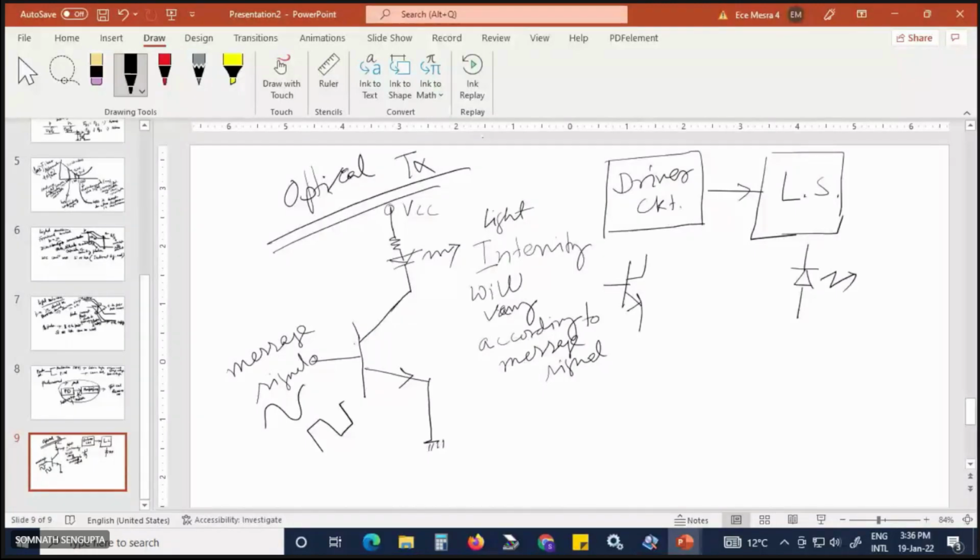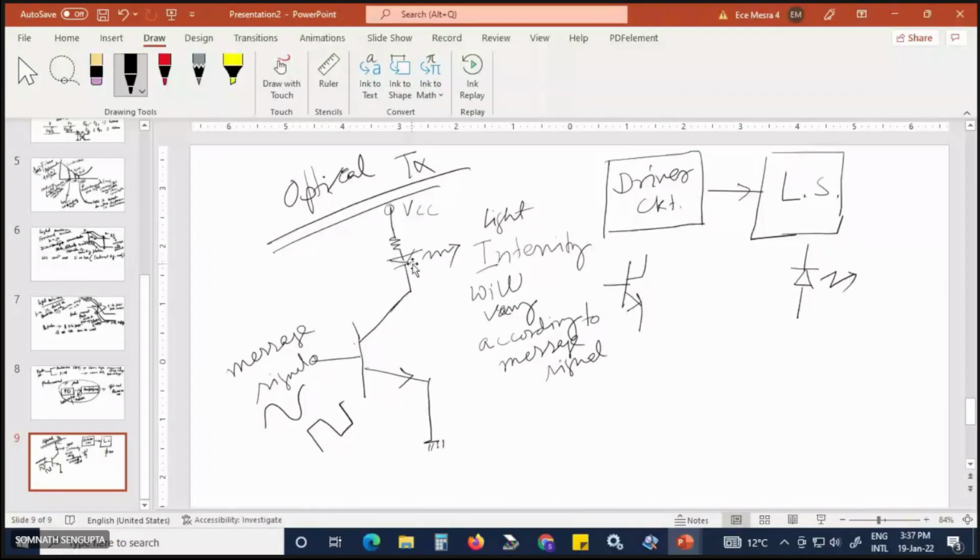Okay, so that means if the input signal is applied at the base, the base current will vary, so the collector current will vary accordingly. Collector current varying means it is flowing through the light source, that is a PN junction device, diode.